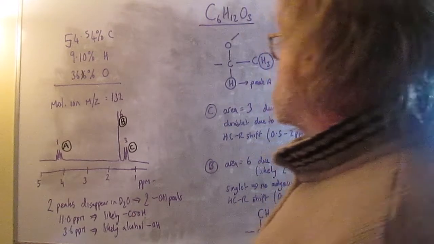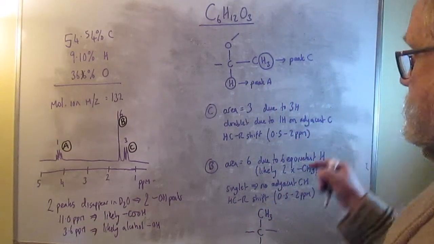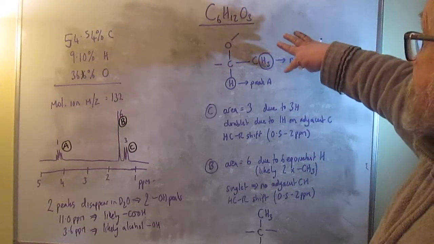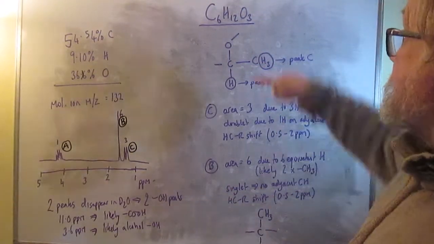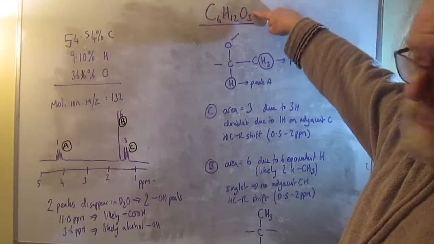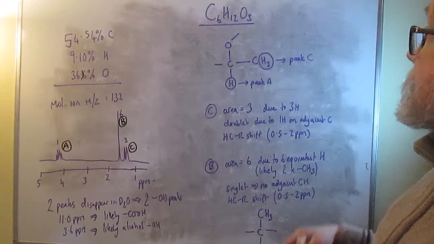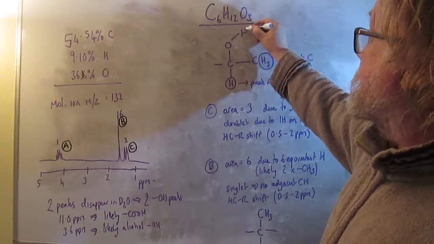Okay, so we've got those four bits of structure to put together now. We've got this, and we've got these two OH groups. Now we know we've got an oxygen there, and we know we've only got three oxygens altogether. So if we have a COOH, this will have to be the third one, and that means that that will have to be an OH.